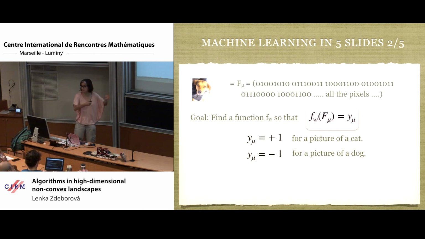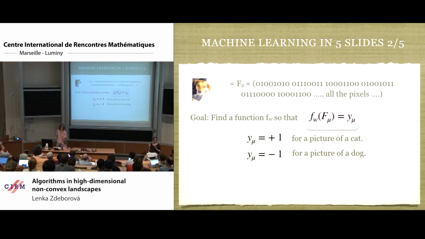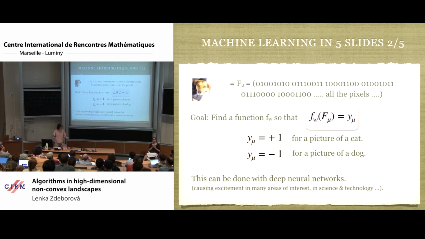This, of course, is a choice, but something for a cat and something for a dog. And 15 years ago, we had no clue how to do this with some decent performance. These days, these deep neural networks do it. Every student can download TensorFlow and do it in about 1 hour on their laptop.